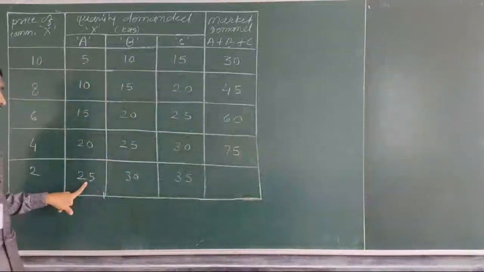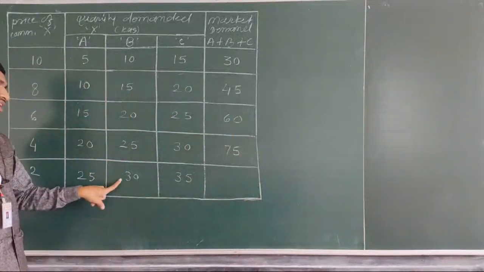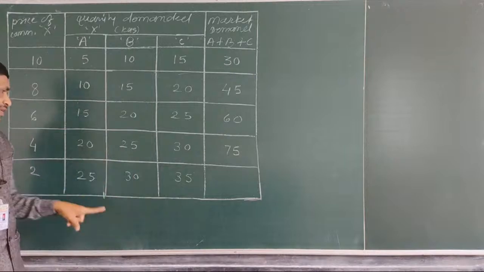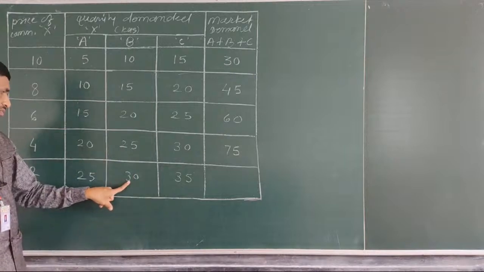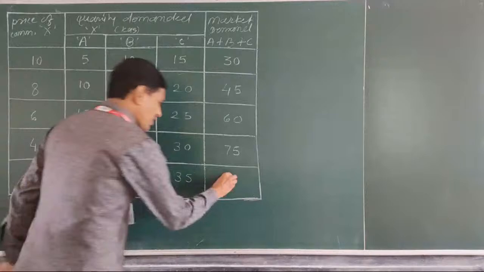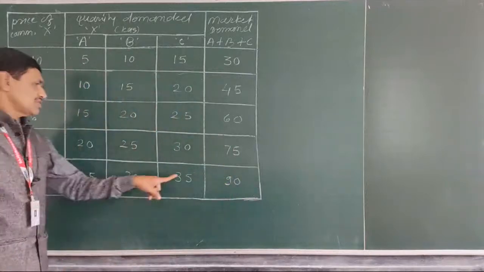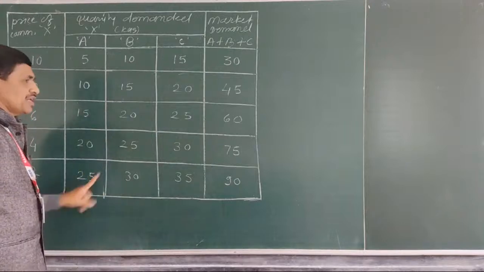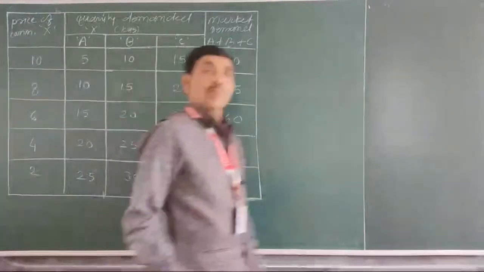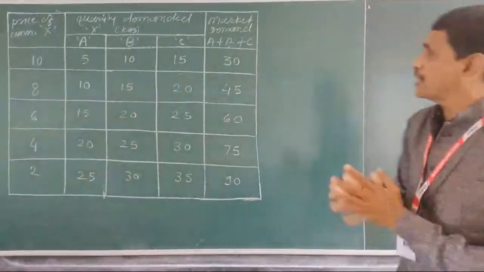Then 25 plus 30 plus 35, 90. Okay, means 65, 70, 90. That completes the market demand schedule.